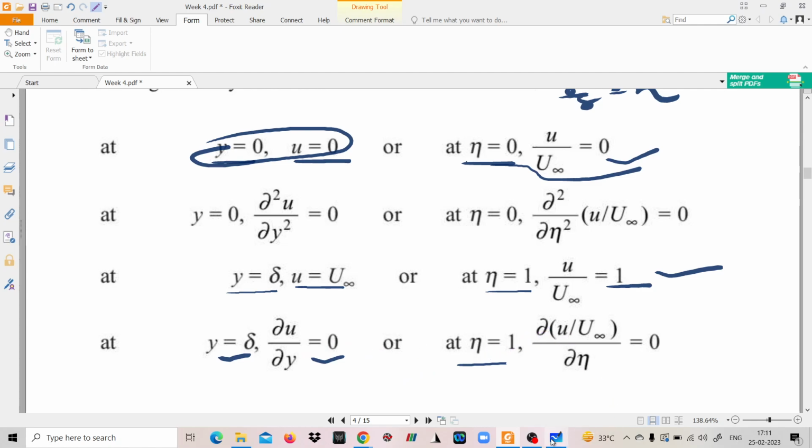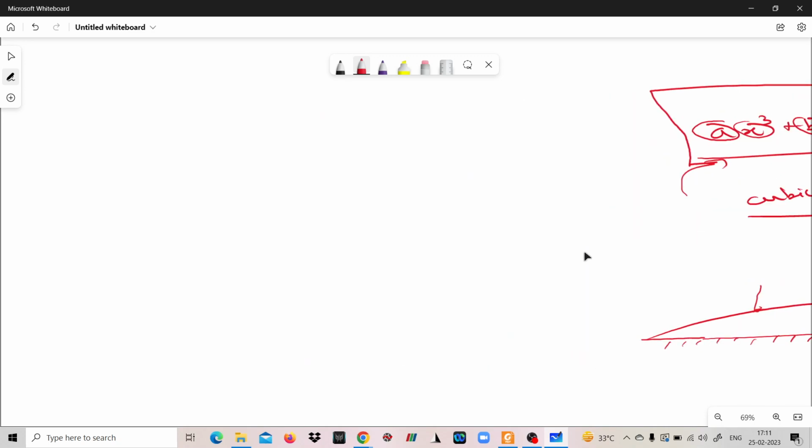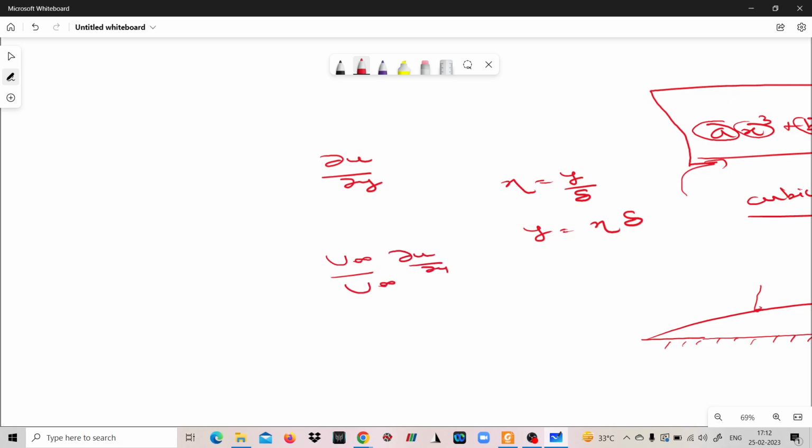So what can you do? See, del u by del y. Now eta is equal to y by delta, so y can be written as eta into delta. I can multiply by u infinity and then divide by u infinity.